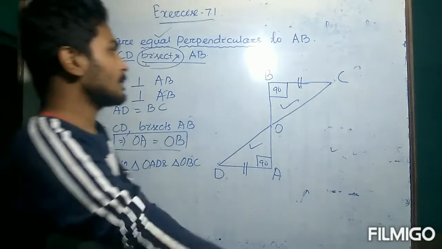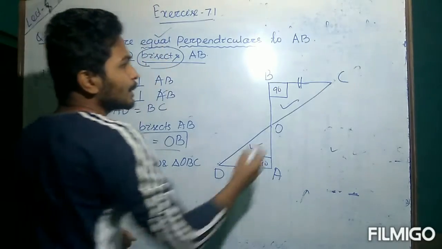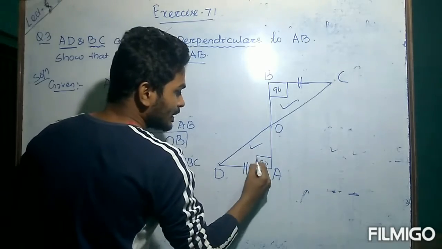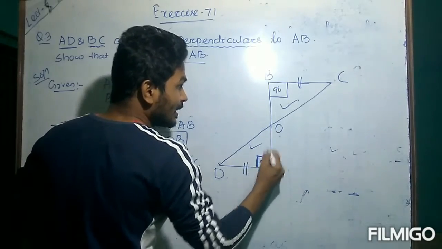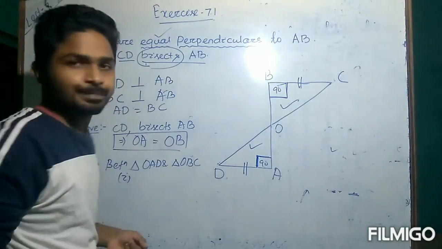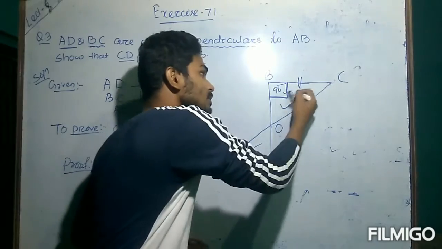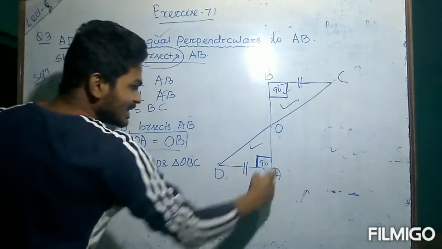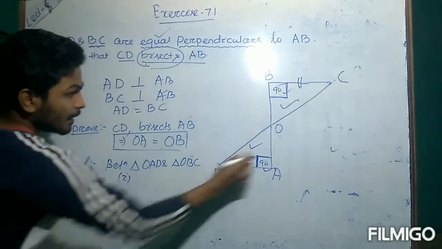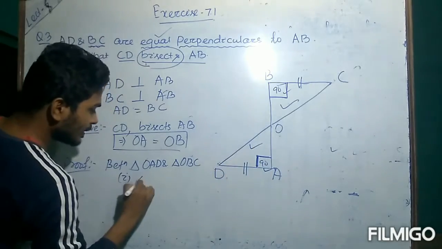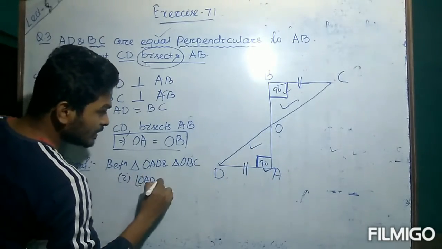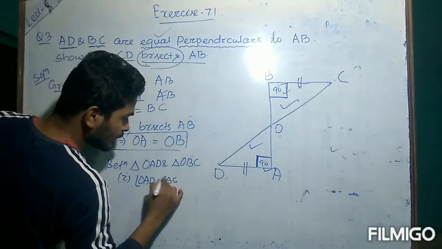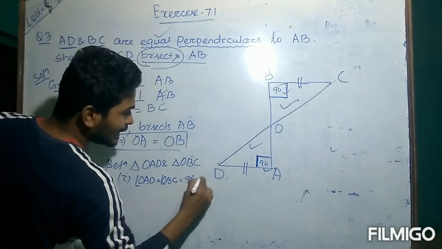First thing, as you can see, in this triangle this angle is equal to this angle because it is also 90 degrees. Yes or no? Yes. So we can write that angle OAD is equal to angle OBC is equal to 90 degrees.